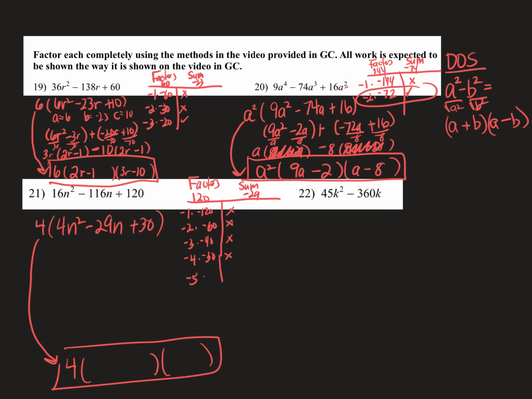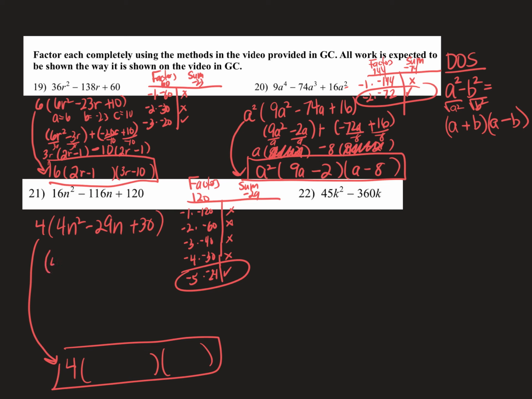Negative 5 times negative 24, yes, and that's a yes. So negative 5 times negative 24. When you add them together, you get negative 29.